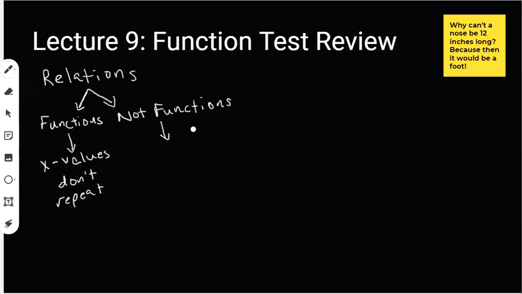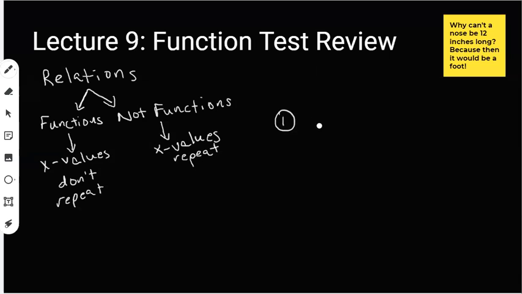And when you're looking at things that are not functions, what you'll notice is that x values actually do repeat. So if you see x values repeating themselves a lot, that means it's not a function. But if you're looking at a relation where x values don't repeat, then that is probably going to be a function. So let's take a look at the first one.